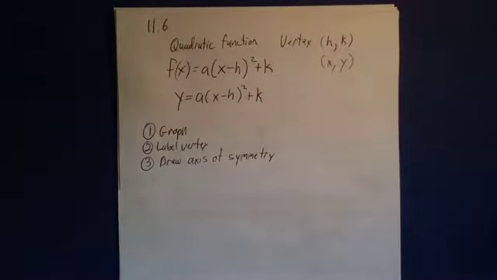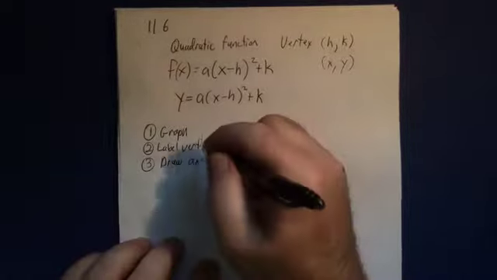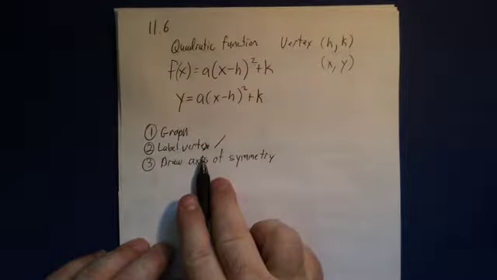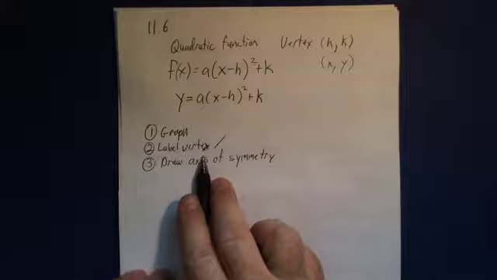Now we're asked for these three things, but we don't necessarily have to do these exactly in this order. In fact, what I'm going to recommend that we do first is label and identify what the vertex is going to be. And we'll see why that's going to help us in a moment here.